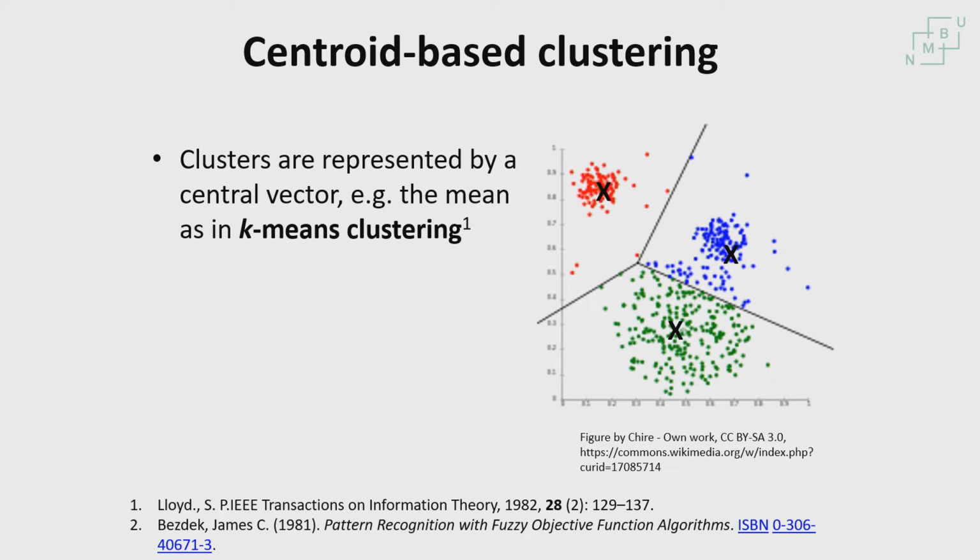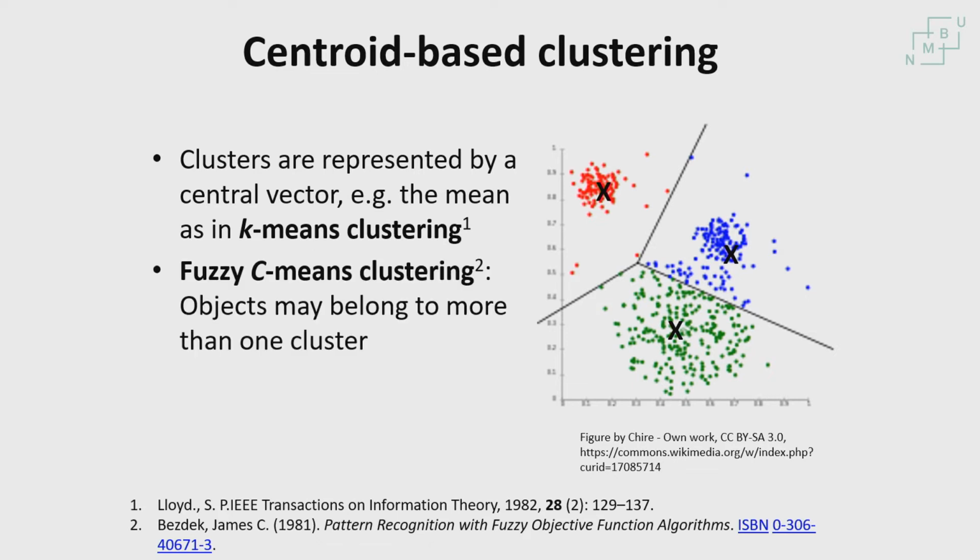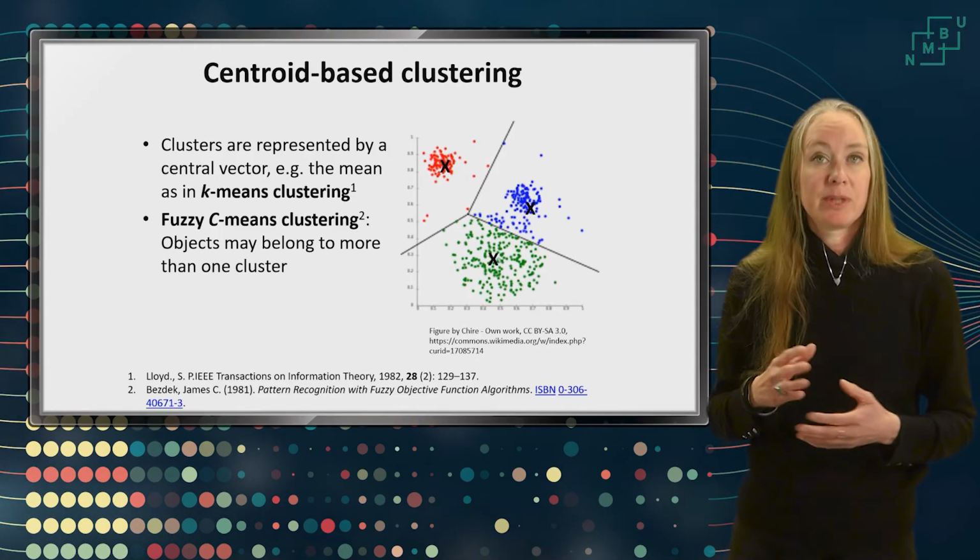And these are often initialized at random and then updated iteratively based on calculating the mean of the samples belonging to the clusters. A variant of k-means clustering is called fuzzy c-means clustering. And here objects may belong to more than one cluster, so that each observation has a certain probability of belonging to each of the clusters.